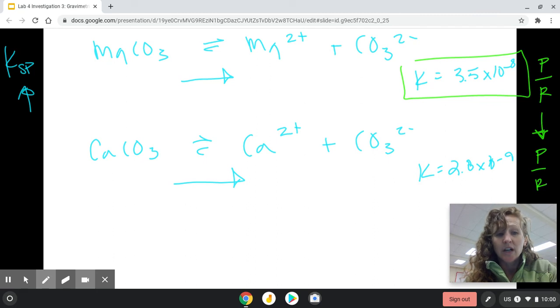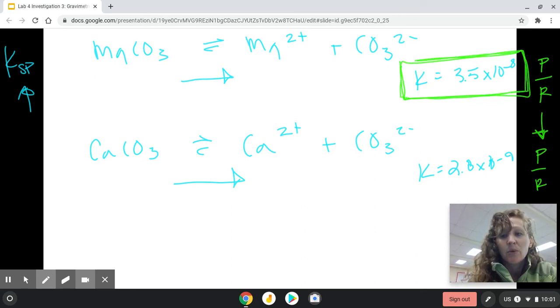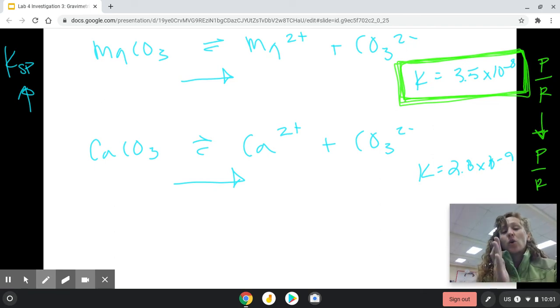The numerator of magnesium carbonate is greater than the numerator of calcium carbonate, or the denominator is smaller, either way. So since this one has a bigger K, the product to reactant ratio for magnesium carbonate is more towards the products than it is for calcium carbonate. So we say magnesium carbonate is more soluble. It's going to dissolve into more ions when compared to calcium carbonate.